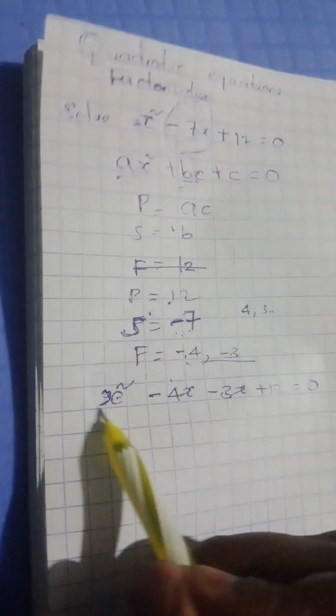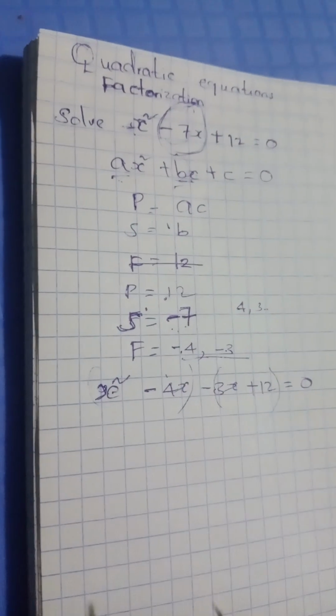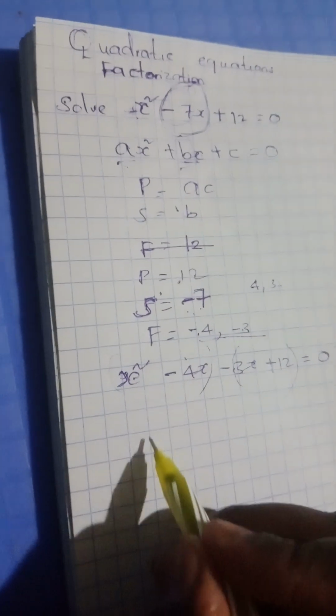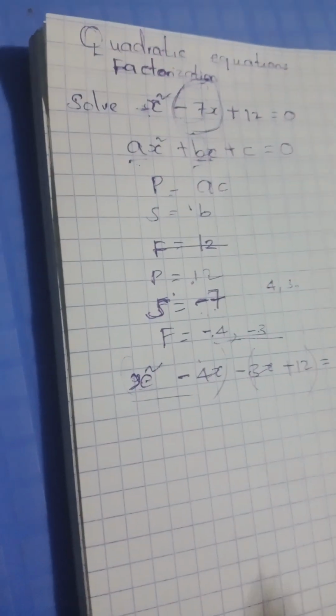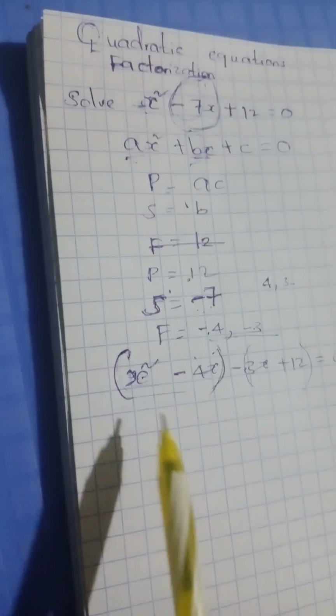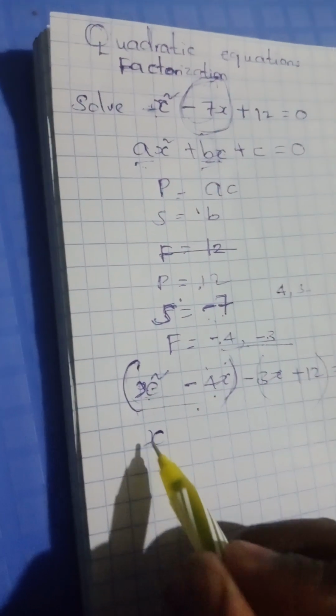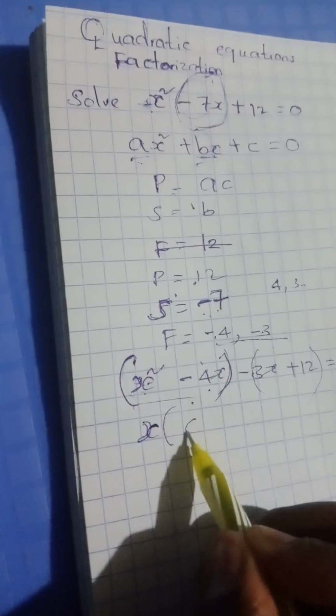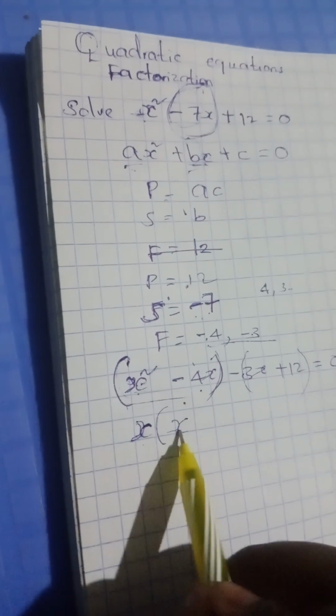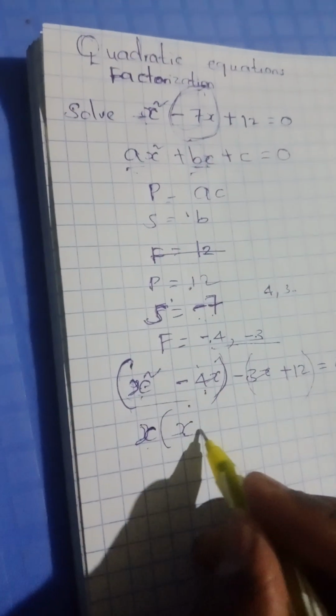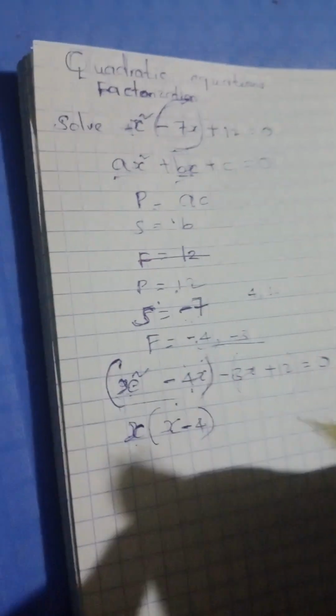And you now group these terms. When you open this, what is common in this bracket? The common thing here is x, because this one has x and this one has x. So you open with x: x into x becomes x, and this one becomes minus 4.